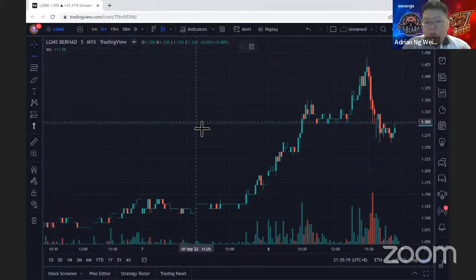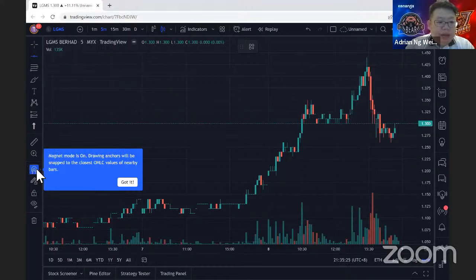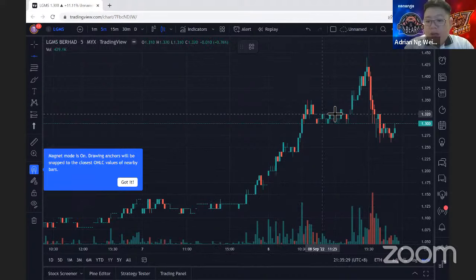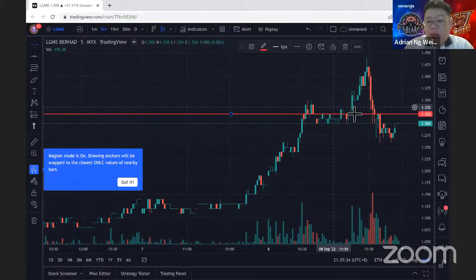By the way, TradingView is very powerful, and one more tip: always turn on the magnet, it's easy. Use a strong magnet. Here can be an entry point, a resistance point.